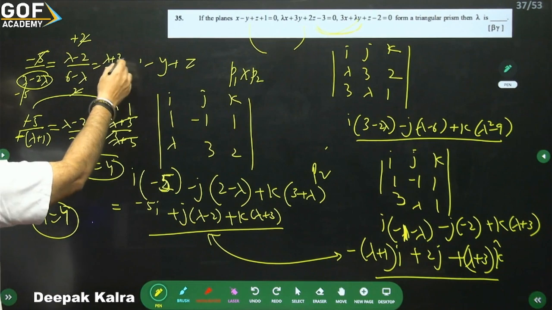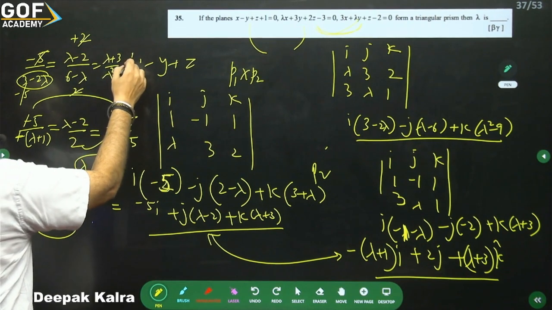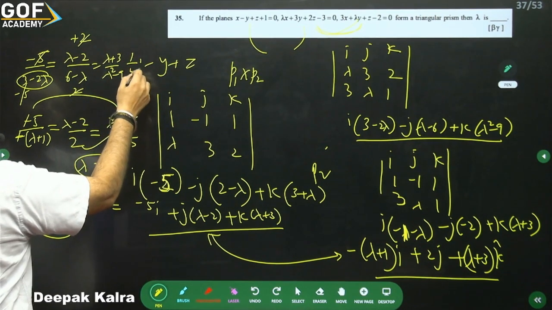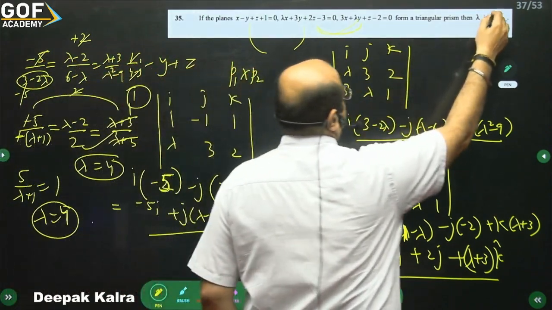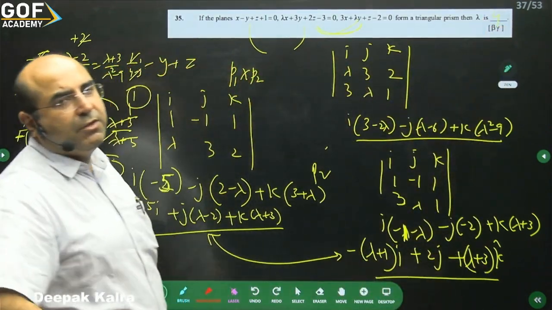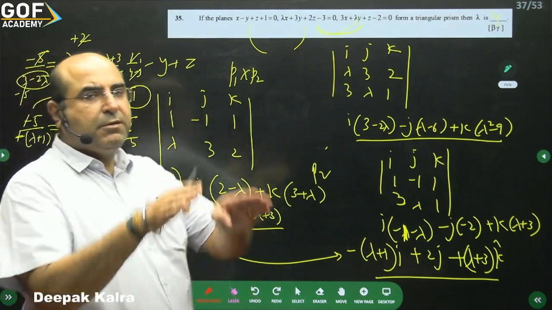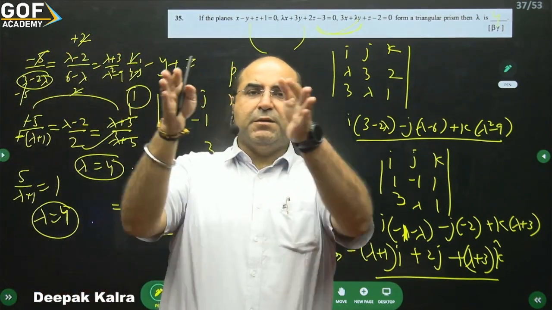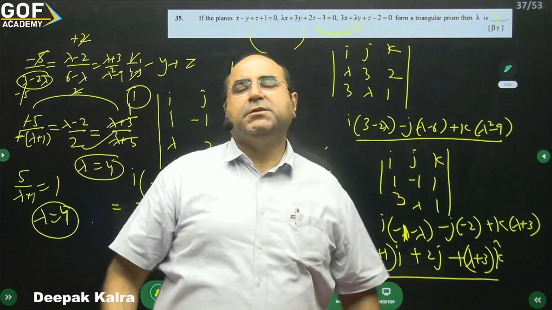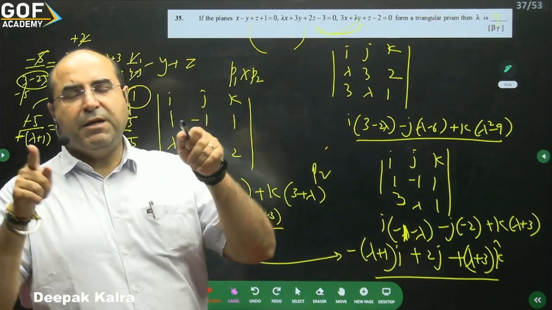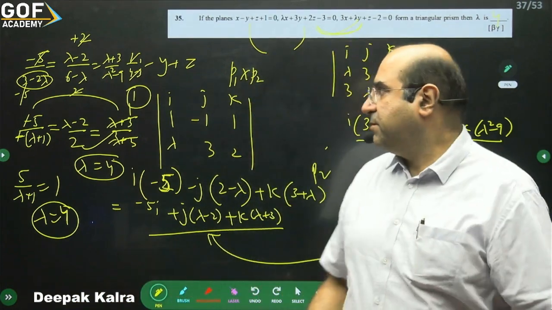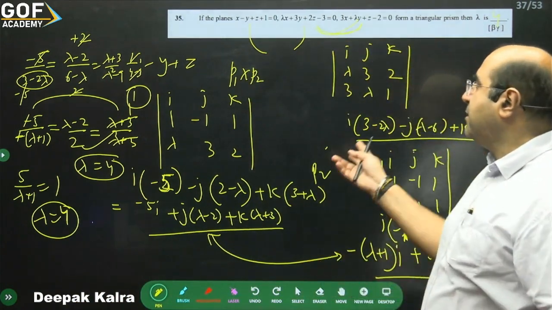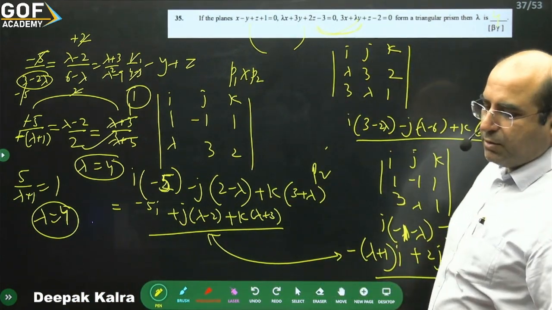Also 1 over (lambda minus 3), so this is also 1. Yeah, it works. So lambda is 4. Understood? This way they are forming a triangular prism. So the lines are parallel, so when you do the cross product, the direction ratios should be equal. Got it? Go next.